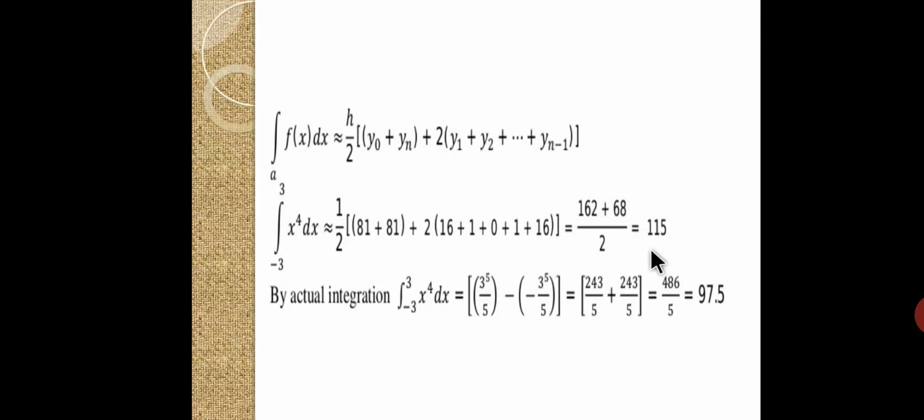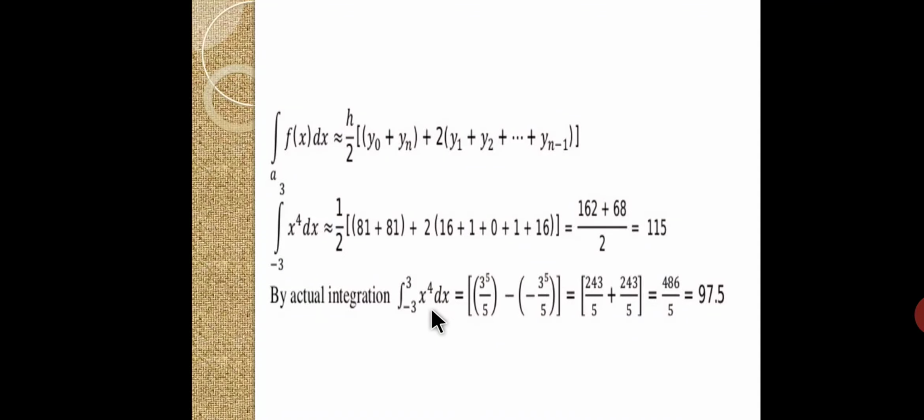In the problem they also mentioned to find the actual integration. So using the trapezoidal rule we get the value 115. For the actual integration, how do we find it? Integral from minus 3 to 3 of x power 4 dx. Using the general integral formula, the integral of x power 4 is x power 5 by 5.